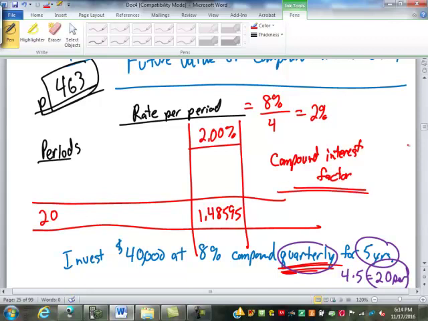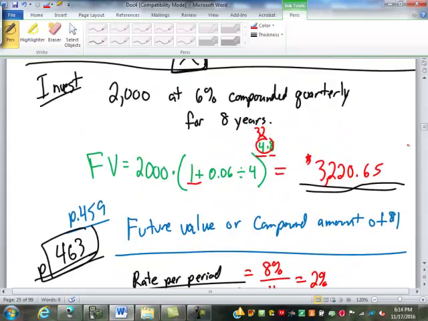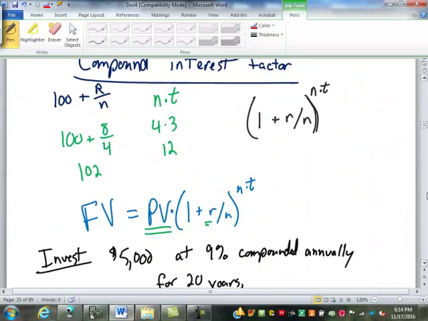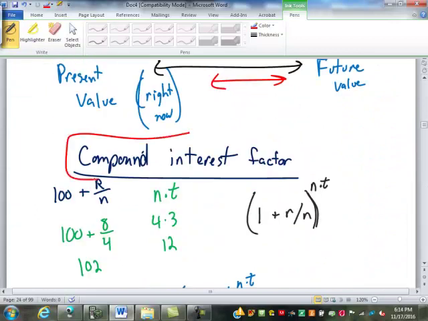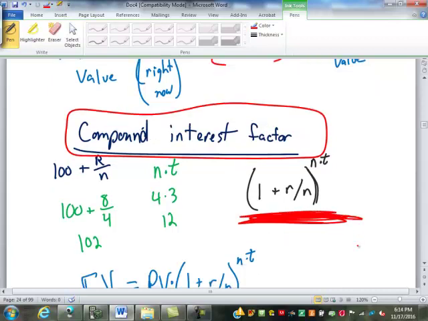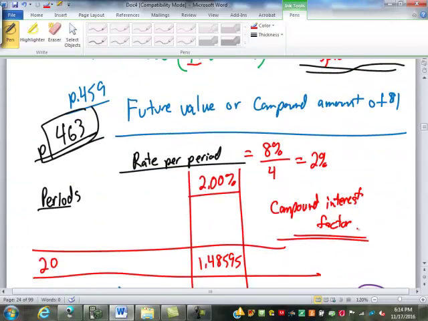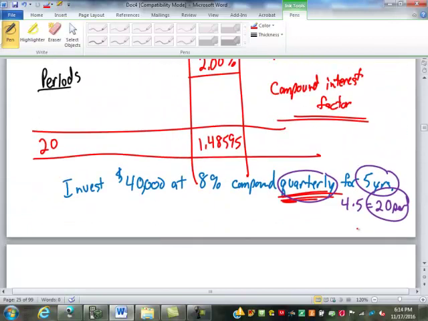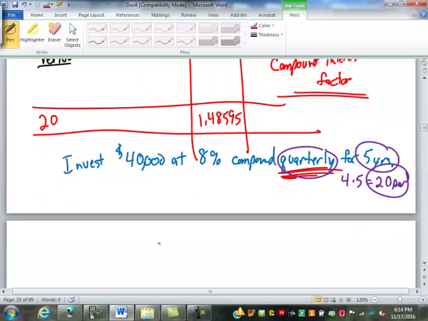Does that name sound familiar? No. That's found by just doing this. So we got that 1.48595. I could have found that by just doing 1 plus 0.08 divided by 4 to the power of 20.